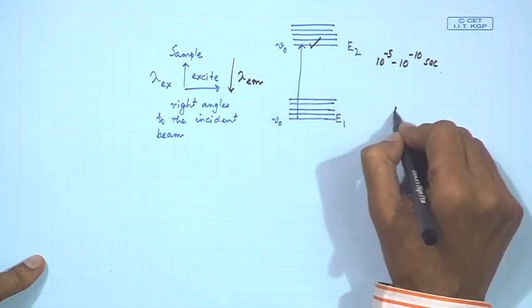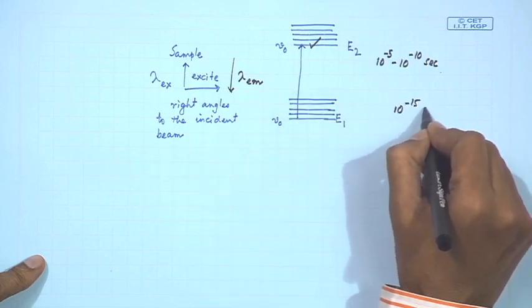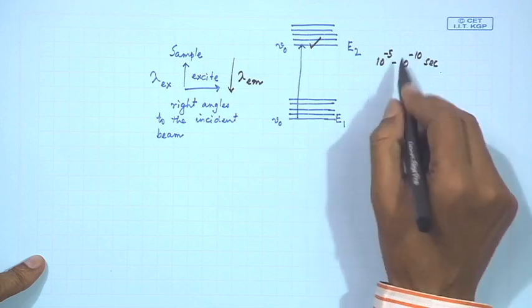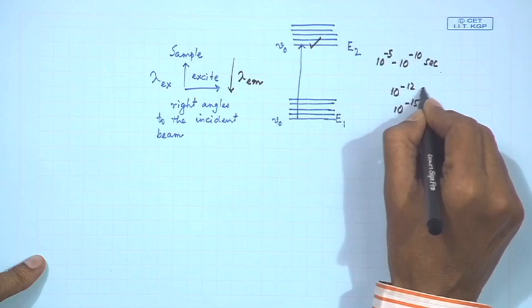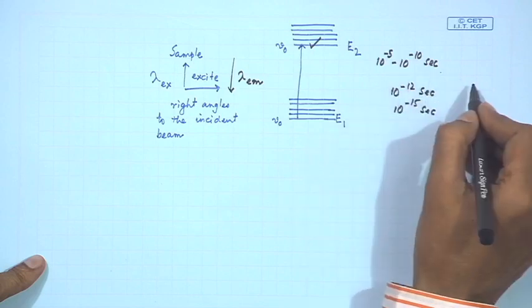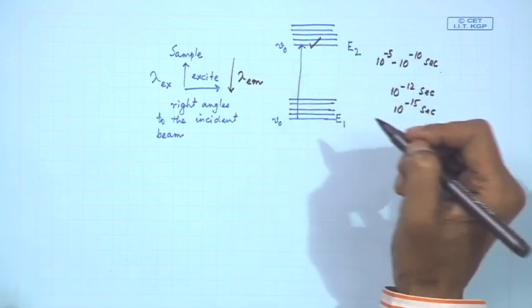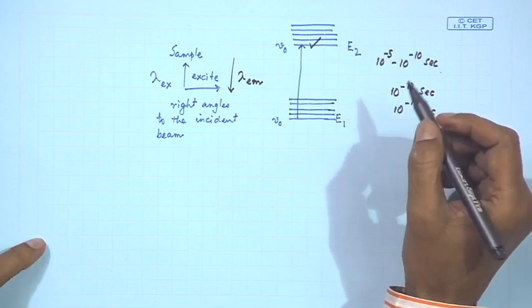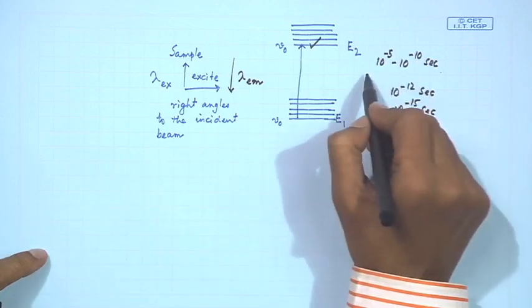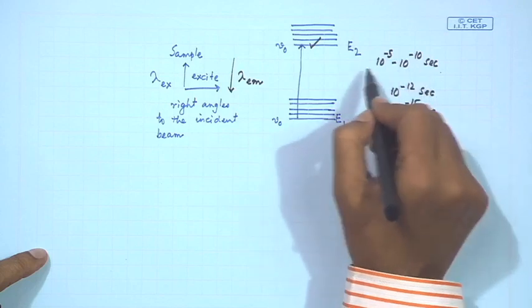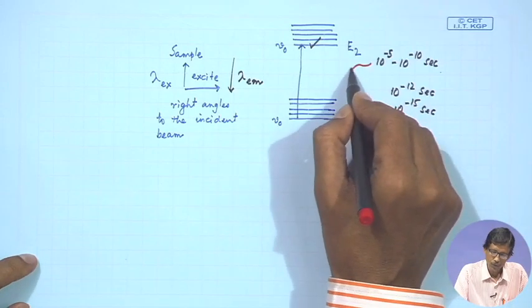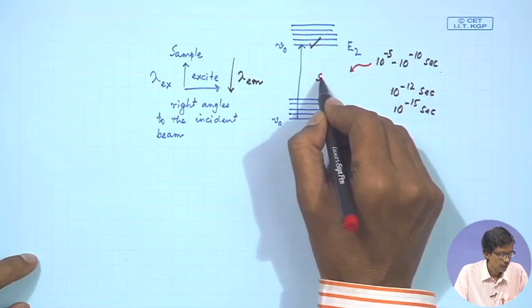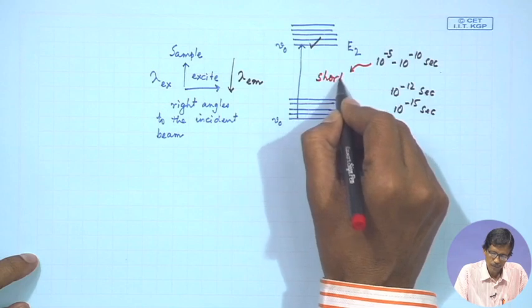Because the absorption, we have seen, is in the 10 to the power minus 5 second range, in between, something is happening in the range of 10 to the power minus 12 or 10 to the power minus 11 second. So, this is not a very long lived species; this is the lifetime of this species in the excited level. So, we consider these as short lived.